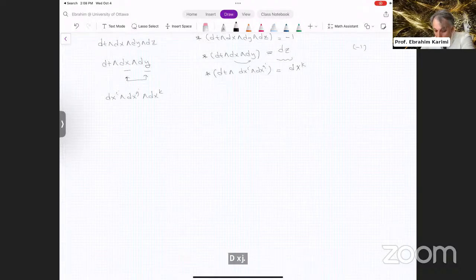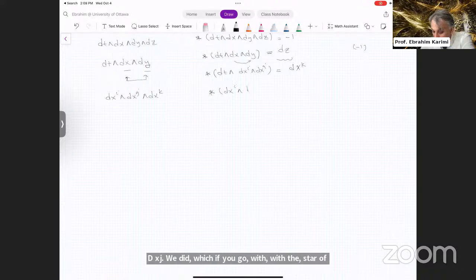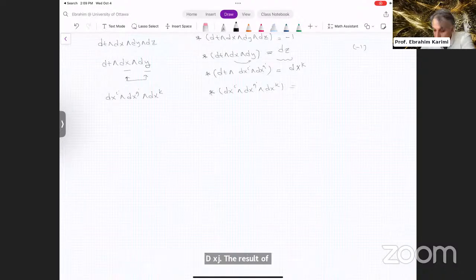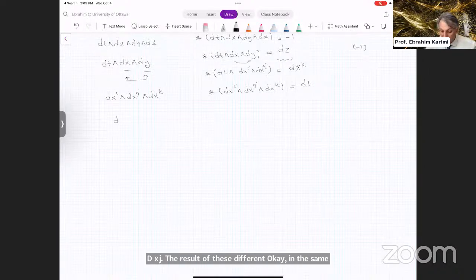If you go with the star of dxi, dxj, dxk, the result of these will definitely be dt. Okay, in the same fashion, for the two forms, things get very complicated depending on whether you are dealing with dt, or you're going with the even permutation or odd permutation.